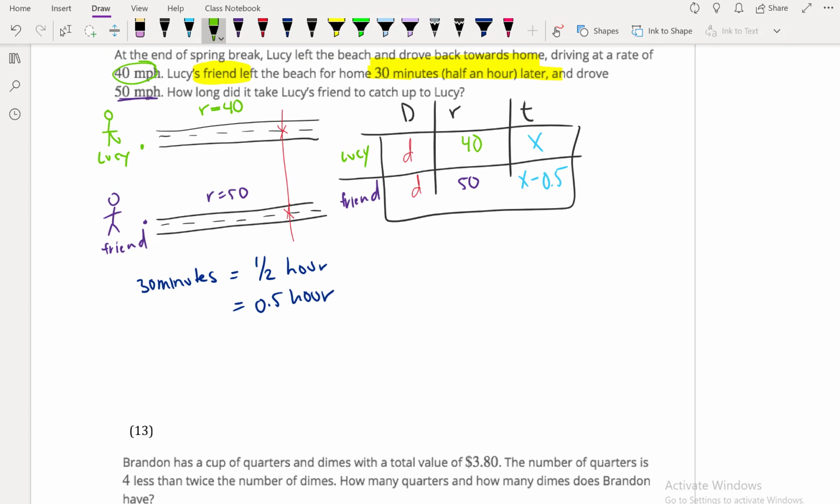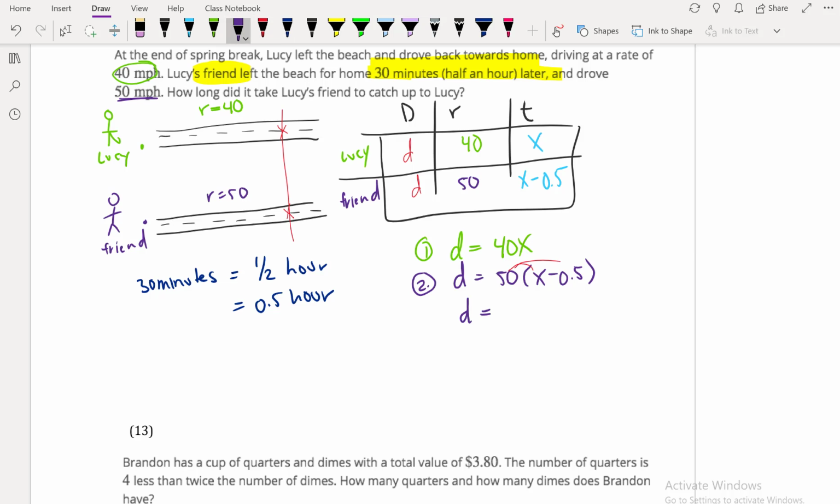So from Lucy's equation, we know that distance is equal to 40 times x. From the friend, the distance is equal to 50 times x minus 0.5. Here I can distribute that 50.